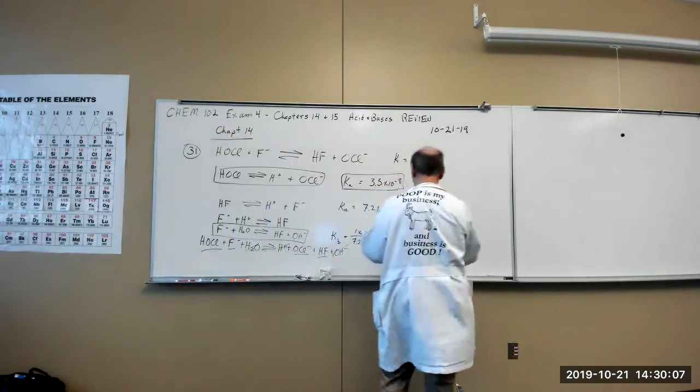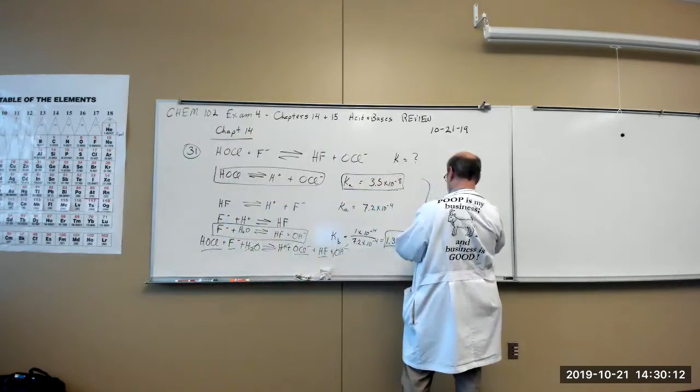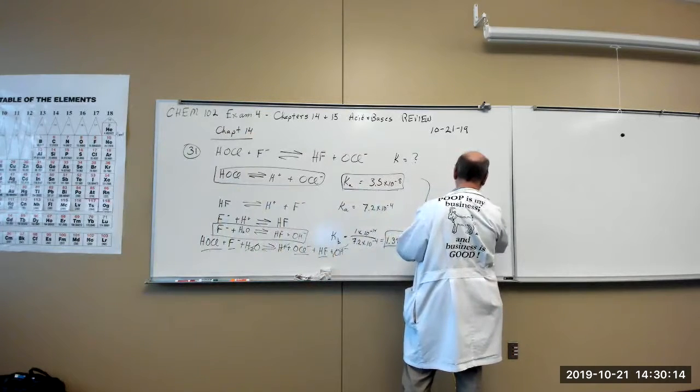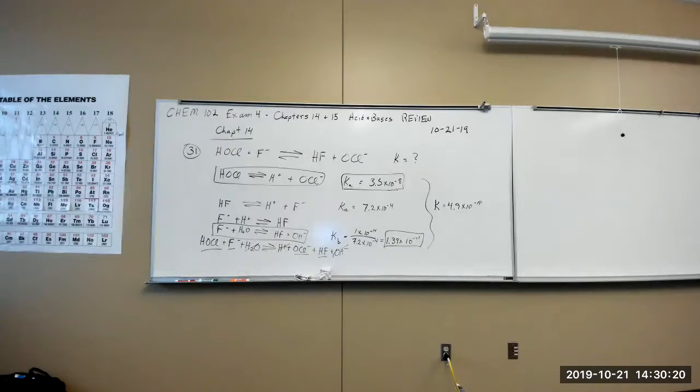I get the K for that reaction is 4.9 times 10 to the minus 19. Okay, the answer is still the same, but that's not the way you arrive at it. The value is Ka times Kb equals 4.9. I need to make that correction. In our worked problems, the answer is still B.